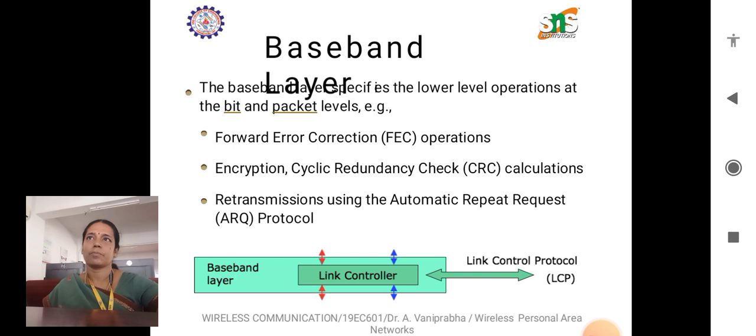For example, it concentrates on forward error correction, FEC, encryption, cyclic redundancy check, and retransmissions using the automatic repeat request, ARQ, protocol. And the picture describes the link controller, which paves communication in both directions with the help of the link control protocol.